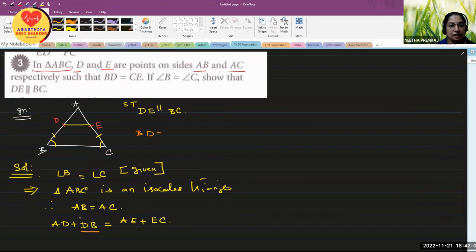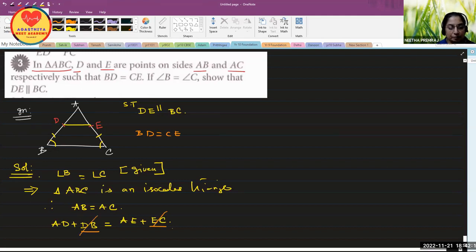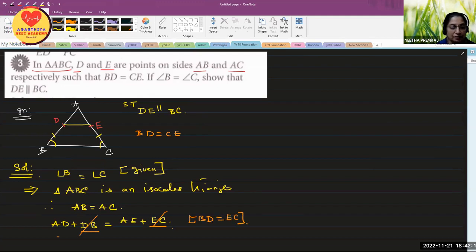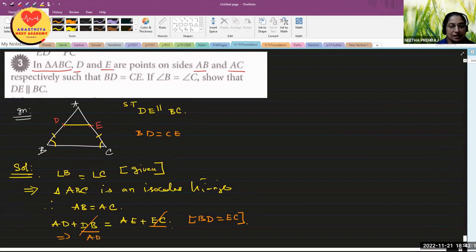Now, if you see, BD is equal to CE. It is given in the sum, isn't it? You can cancel this, BD is equal to EC, which implies AD is equal to AE. Okay.